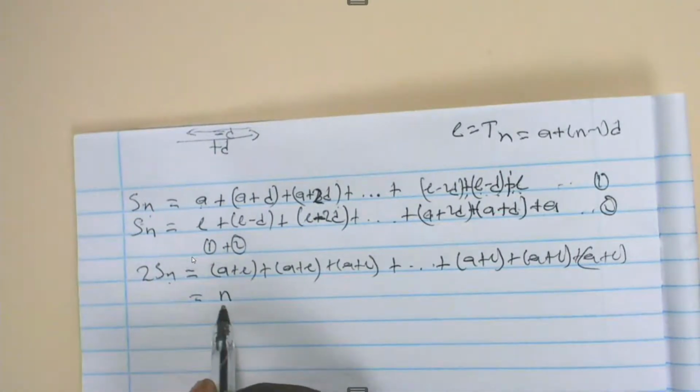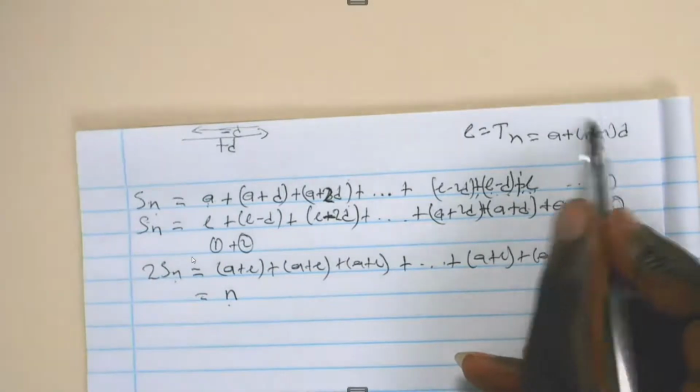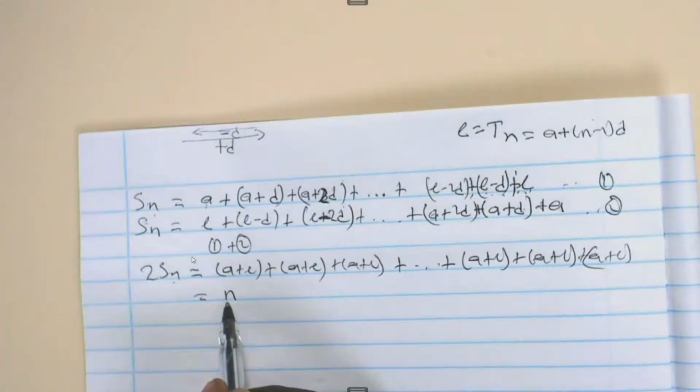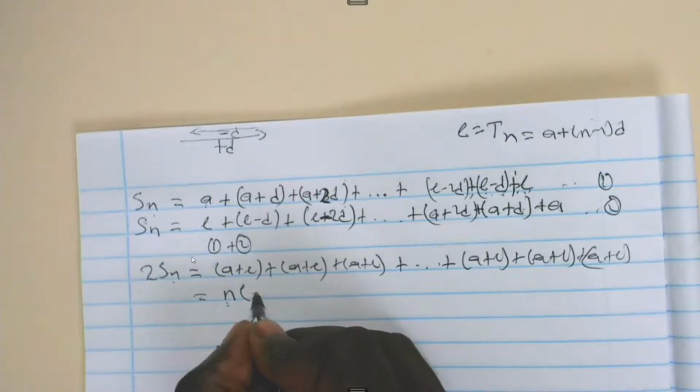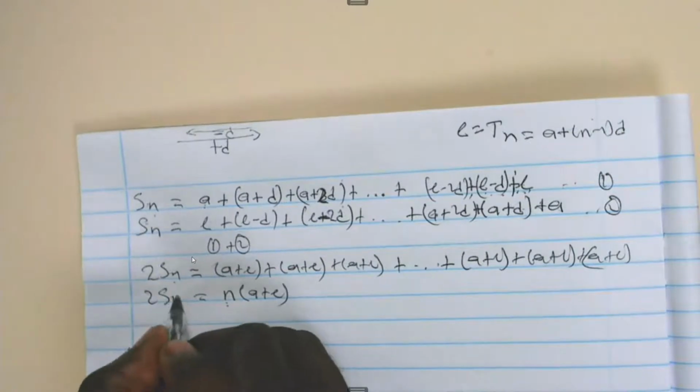This n represents the number of terms that we have here, but in this case, because we have the last term as the general term, we say we don't know, we have n number of A plus L's. We multiply n with A plus L, and this is 2 multiplied by Sn.